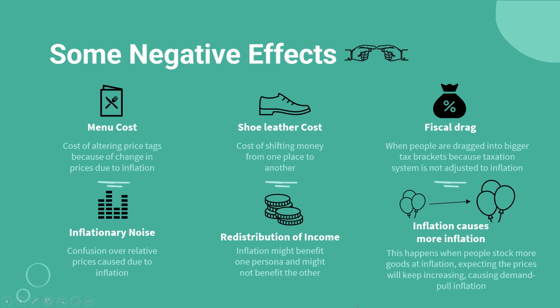But this rise in prices is just because of inflation. It is not because of an increase in demand. So the demand falls even less, and the firm has misallocated all its resources. So this is an example of inflationary noise, where confusion over relative prices causes cost due to inflation.